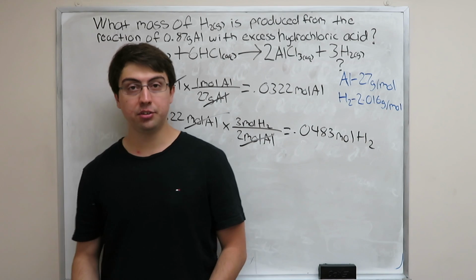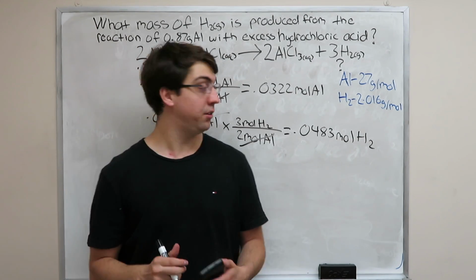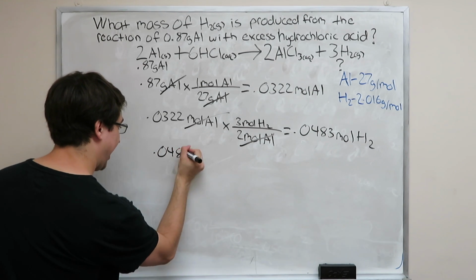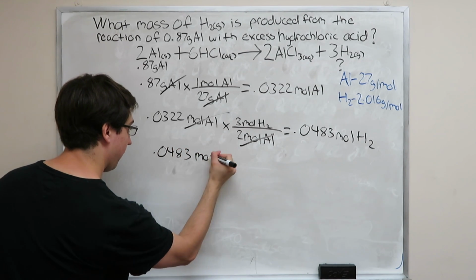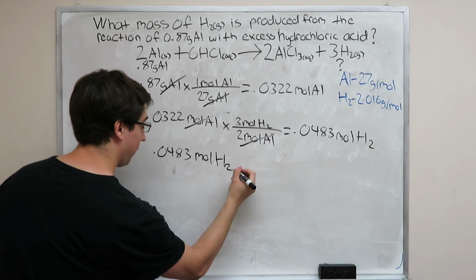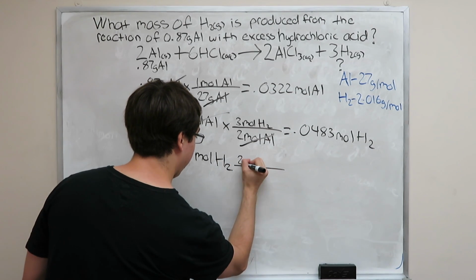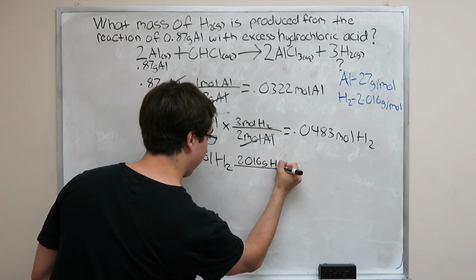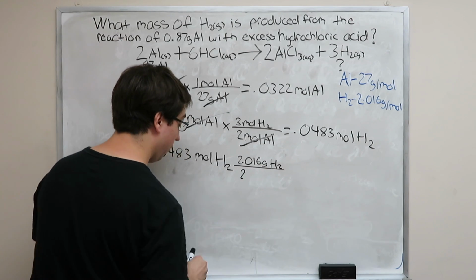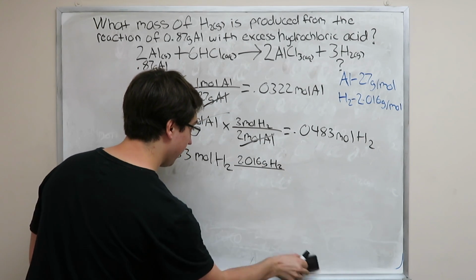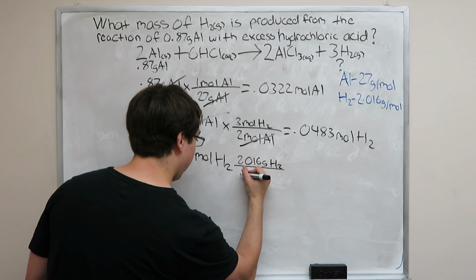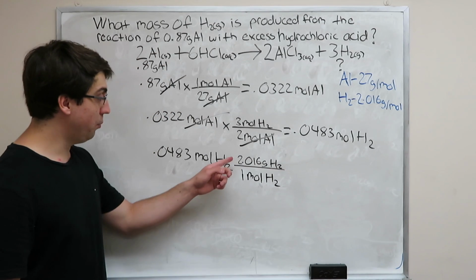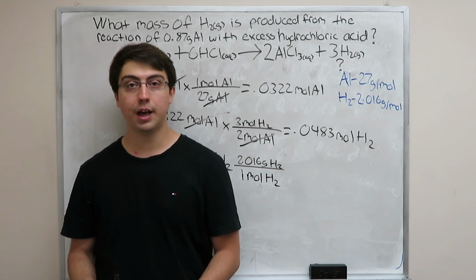The last thing you need to do is convert the moles of hydrogen to grams of hydrogen. There is 2.016 grams in 1 mole of hydrogen.